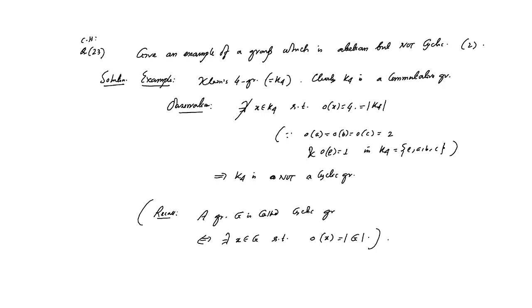Okay, you may be asked this kind of question. Question number 24: give an example of a group whose order is a prime square.